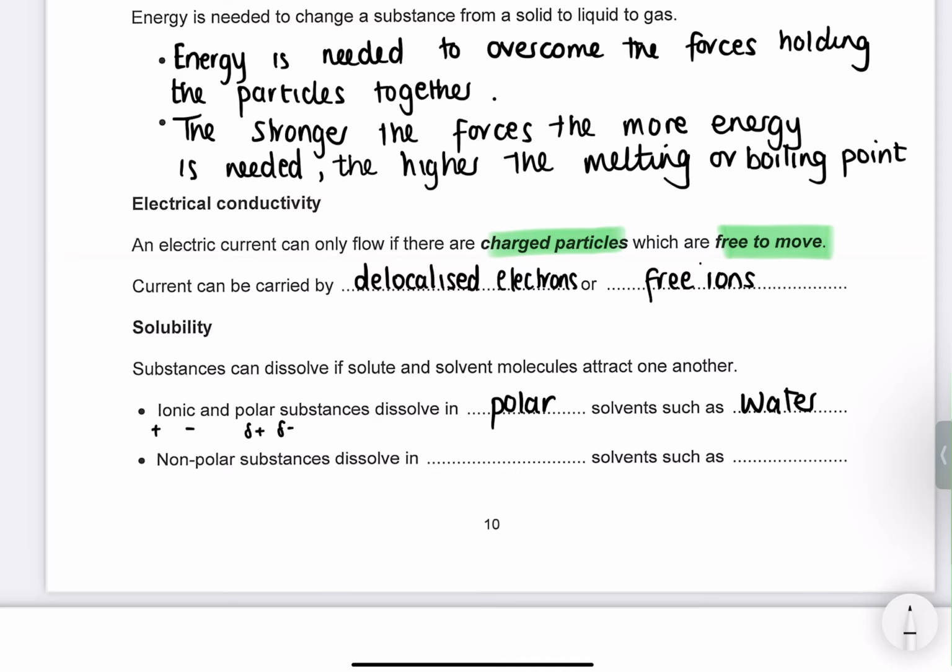If we are non-polar, then we'll dissolve in non-polar solvents, things like hexane. Maybe cyclohexane, hexene, anything that's non-polar. In the next few videos, we will look at each type of bonding and structure independently.